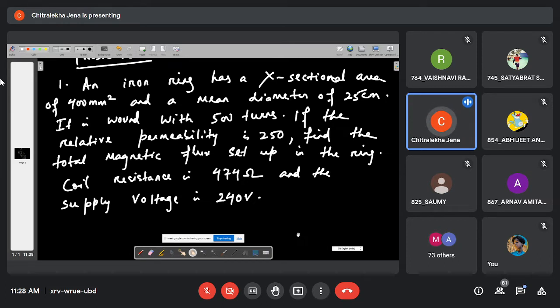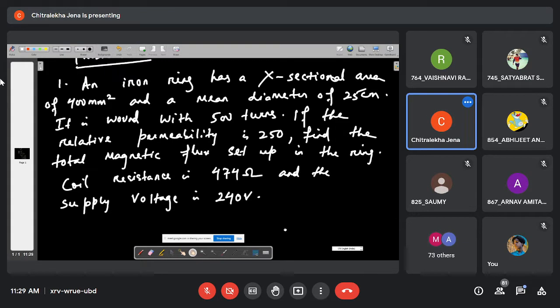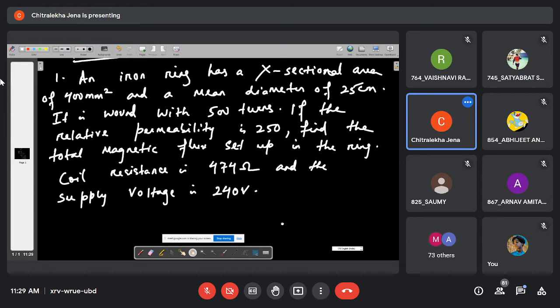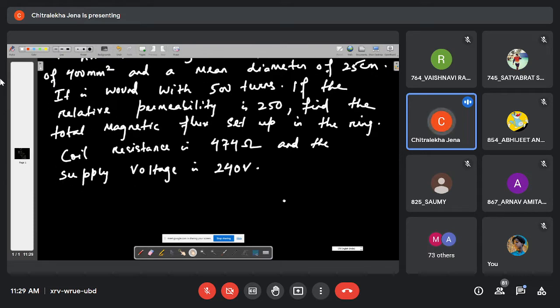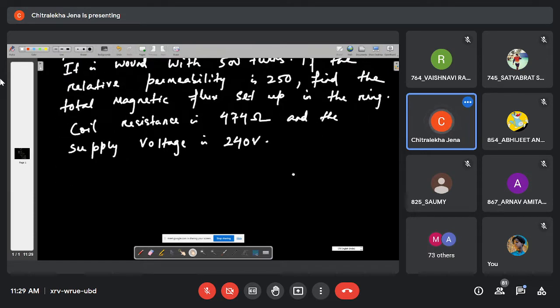Draw the circuit, write down the given values. All of you, have you written the question or not? Yes, ma'am. I will move the board or I will stay? Written? Okay. You will tell me the values.